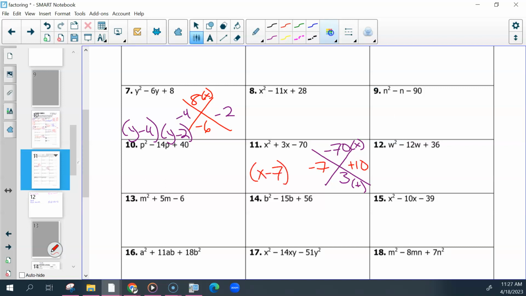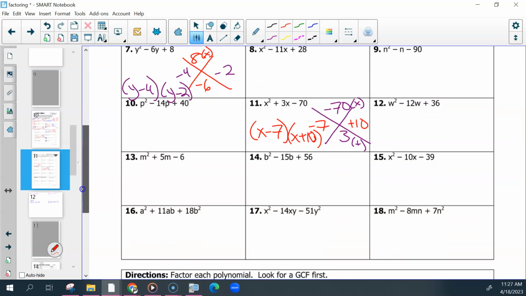X minus 7, x plus 10. As long as you are double checking to make sure the numbers you're multiplying do equal whatever, and the numbers you are adding or subtracting together do equal whatever the middle number is, then you're good.